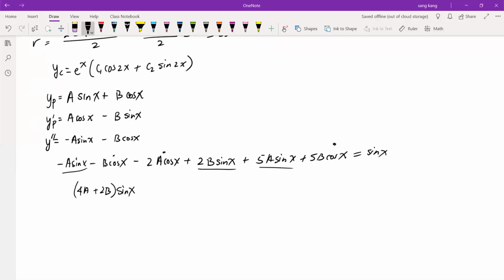So we have plus 4b minus 2a cos x, and this equals sine x. We'll gather the coefficients for sine. So we'll have 4a plus 2b equals 1. For cosine, we have 4b minus 2a equals 0.